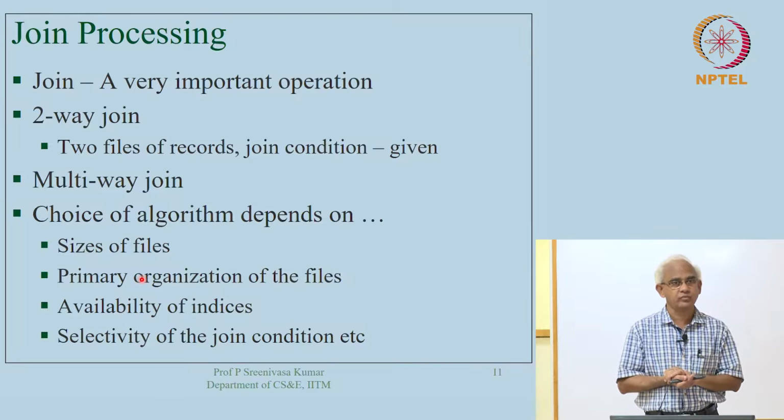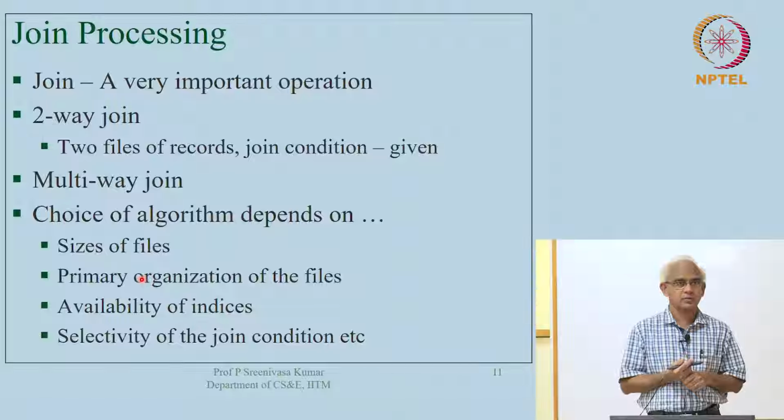If you do have indexes, then we are slightly better off, but if you do not have indexes on either of the files, then the lower bound on the time needed for processing the join is that you basically have to look at all the data records.